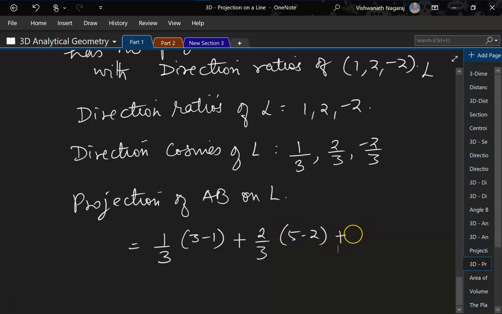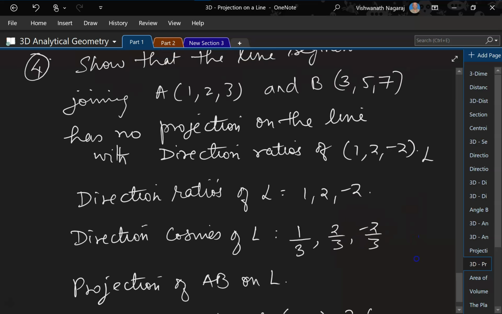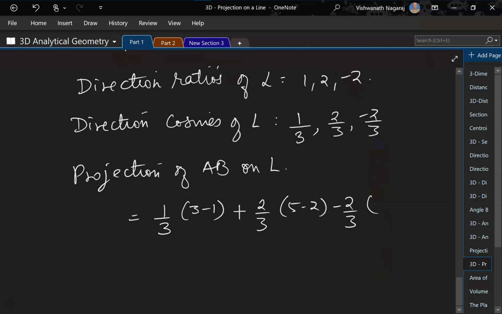So 1 by 3 times 3 minus 1, plus 2 by 3 times 5 minus 2, plus minus 2 by 3 times 7 minus 3. So this becomes 2 by 3, 5 minus 2 is 3, 2 times 3 is 6 by 3, and 7 minus 3 is 4, 2 times 4 is 8 by 3.